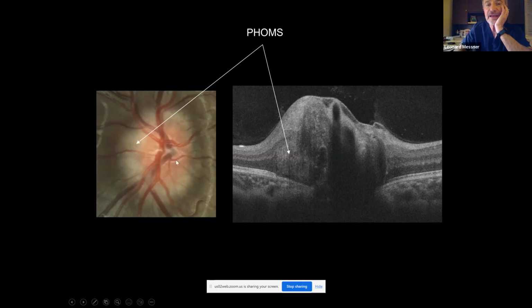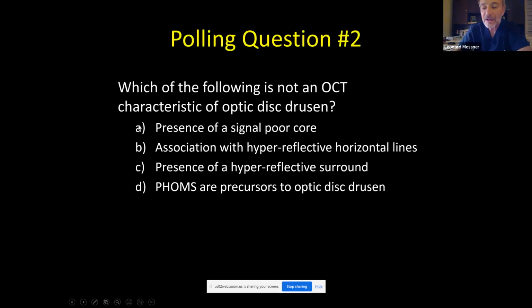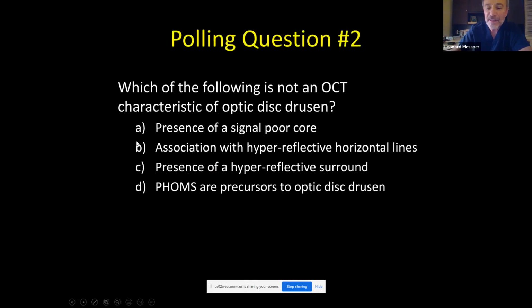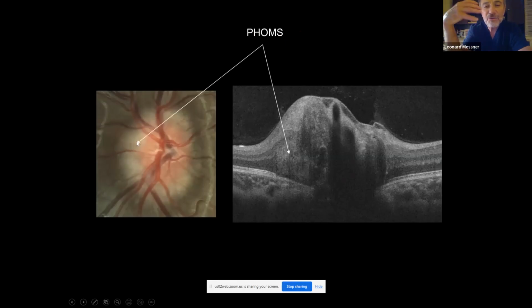Unlike drusen, which occur randomly within the optic nerve, these bulging axons typically go all around the optic nerve, almost like a donut. So drusen are excrescences within the optic nerve. The FOMs you can think of as an annular donut of bulging axons.